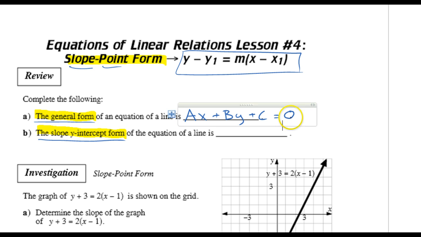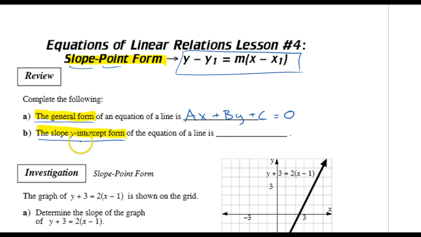The key with the general form is that a, b, and c have to be whole numbers. They can't be fractions, and the a has to be a positive number. So everything is on one side and 0 is on the other side.